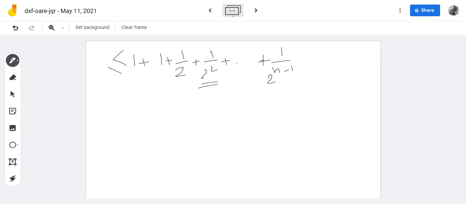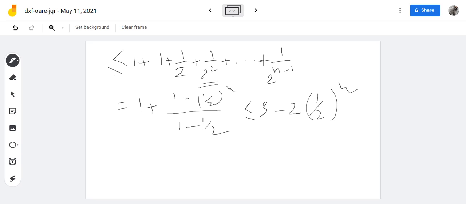So now this is a geometric series, and this can be written as 1 plus. So first term is 1, r is 1 by 2, so its sum is 1 minus 1 by 2 whole to the power n divided by 1 minus half, which is less than or equal to, if I simplify this whole thing, 3 minus 2 into 1 by 2 whole to the power n, that is xn is strictly less than 3.